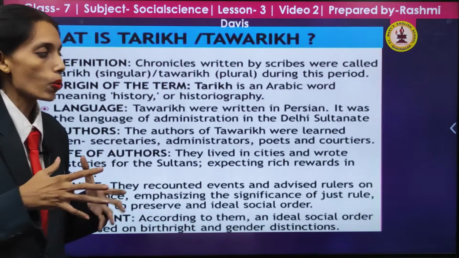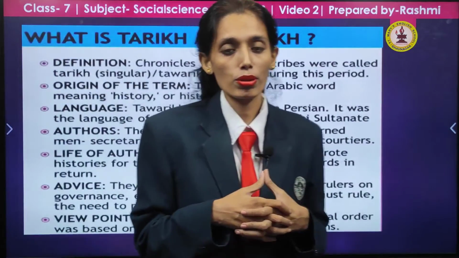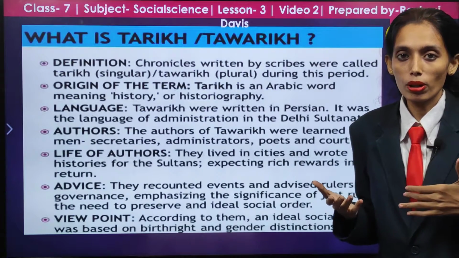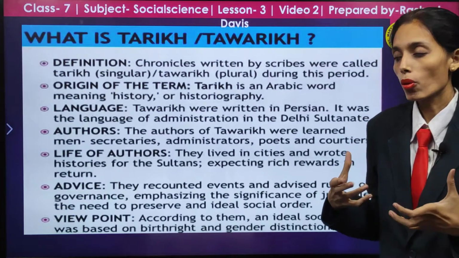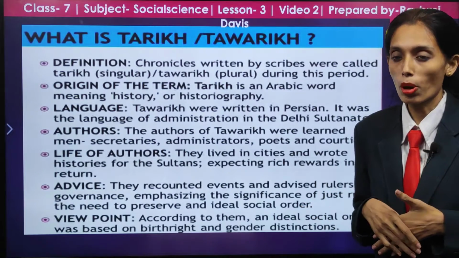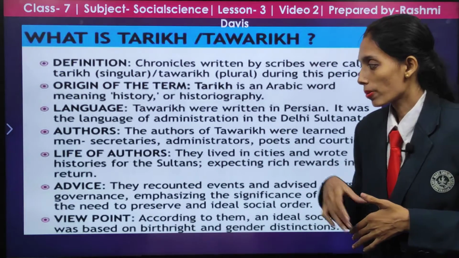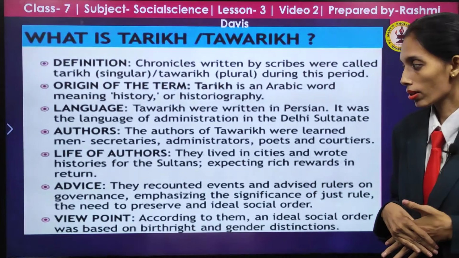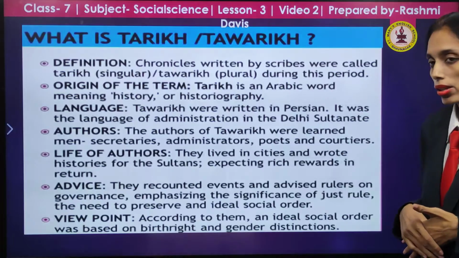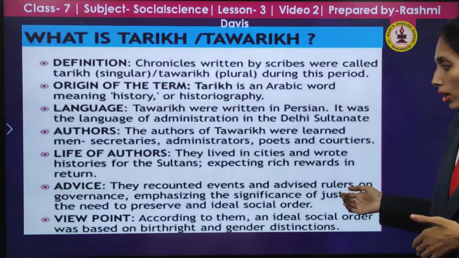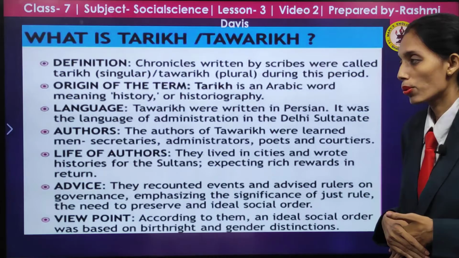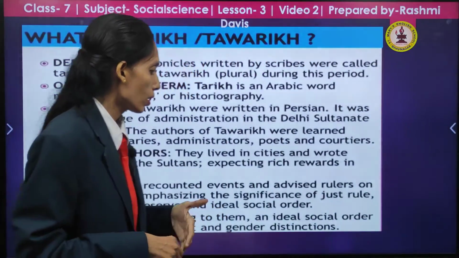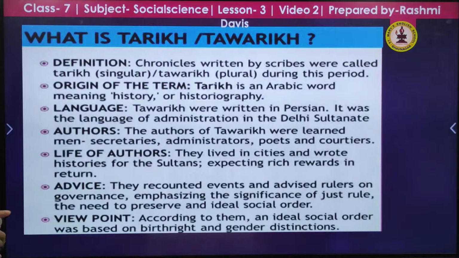They used to write good things about the king, and when you wrote nice things about the sultans, they gave rewards, so the negative point was never demonstrated. Advice: they recounted events and advised rulers on governance, emphasizing the significance of just rule and the need to preserve the ideal social order.